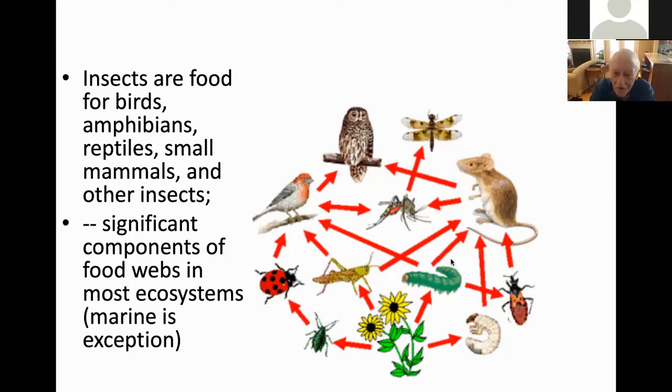And then various predators go up the food chain or the food web, and ultimately you get to the top predators, which if you're an insect, it might be a dragonfly, but if you're in the birds, owls, and so forth. So they are significant components of the food webs in every ecosystem, with the exception of the marine ecosystem. Insects don't have any presence in the marine environment, of course.